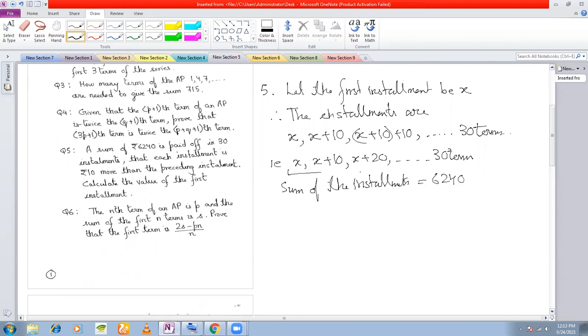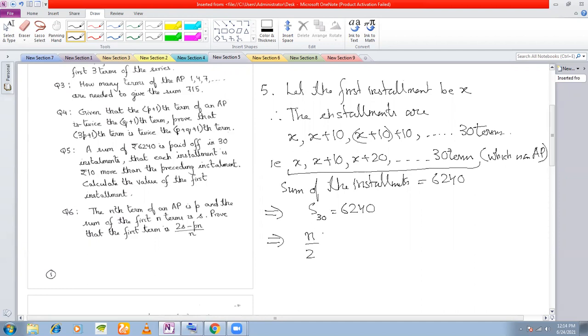Now, this is an AP, right? So now you just need to calculate the sum. That means S30 must be equal to 6240, the sum of 30 terms of the AP. And what is the formula?